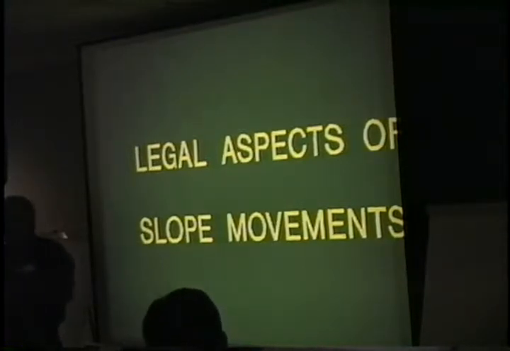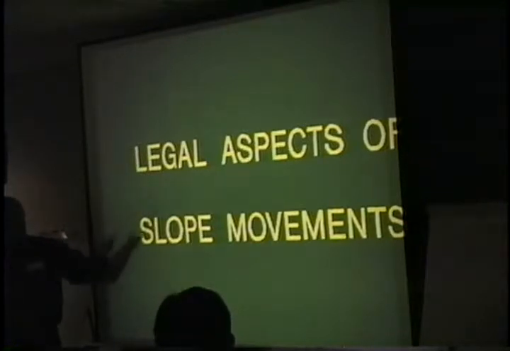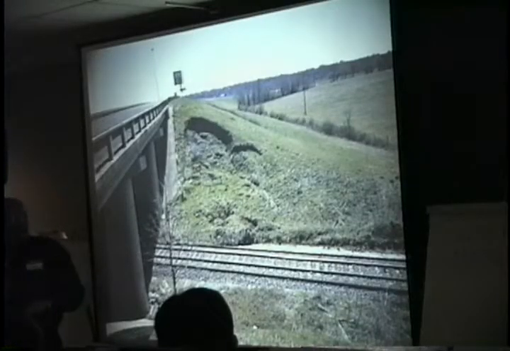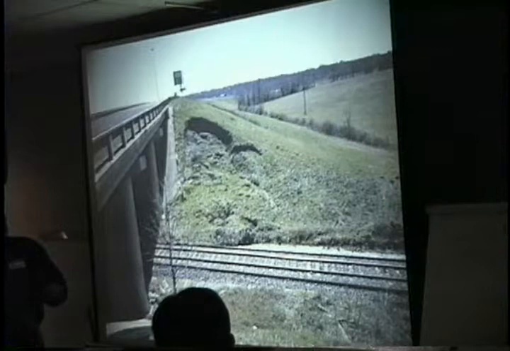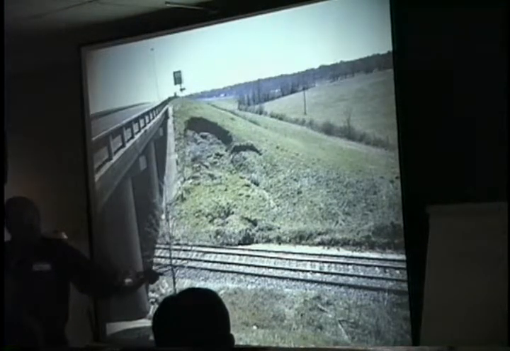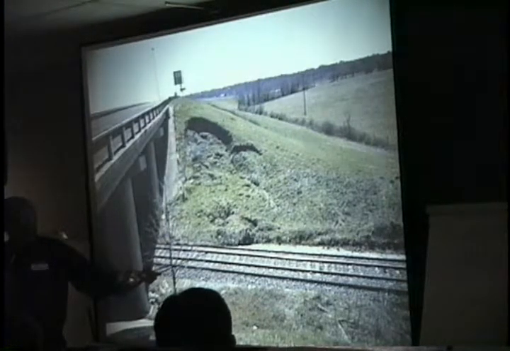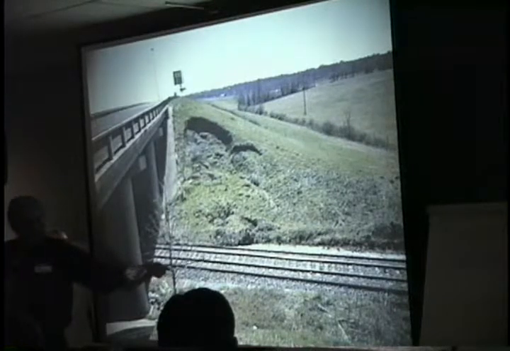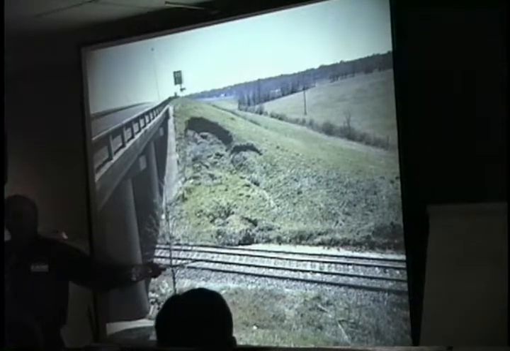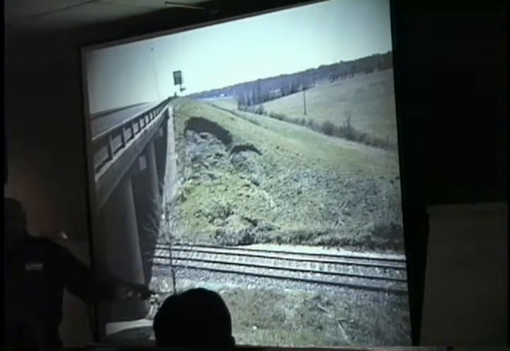Barry's going to finish the course tomorrow talking about this and answering the question of who's liable for this railroad track being bent out of shape, and a train coming through here and derailing, maybe causing injuries.